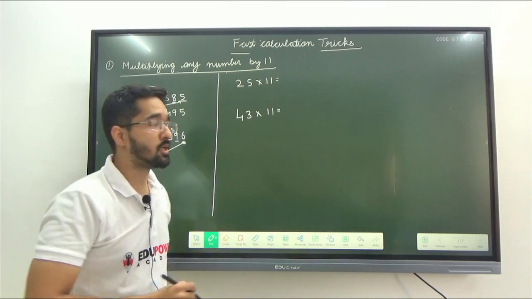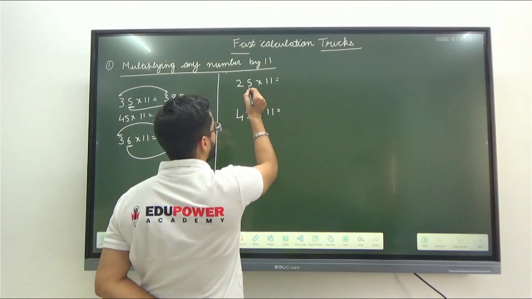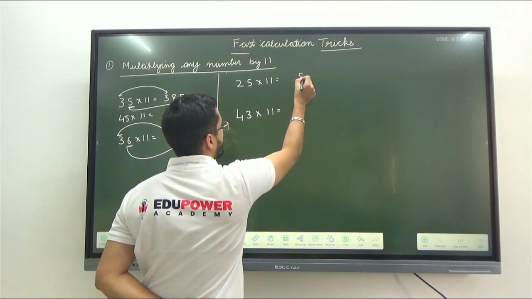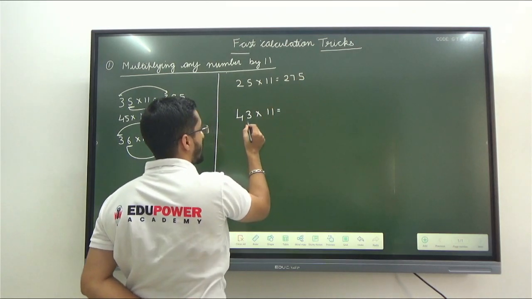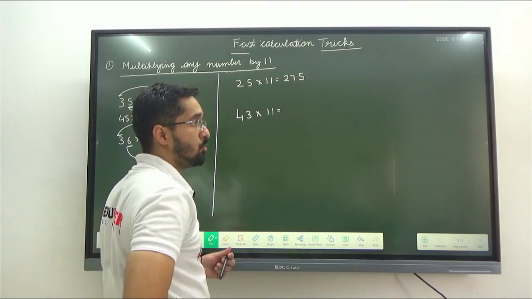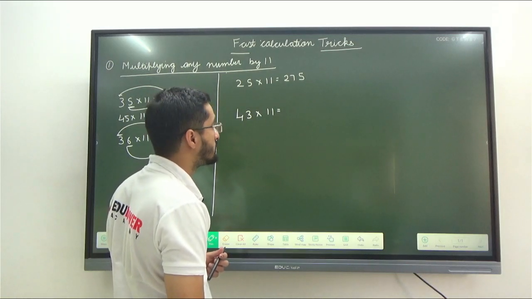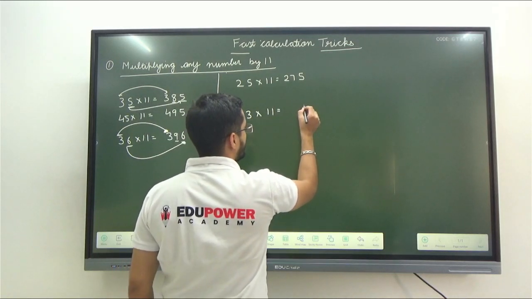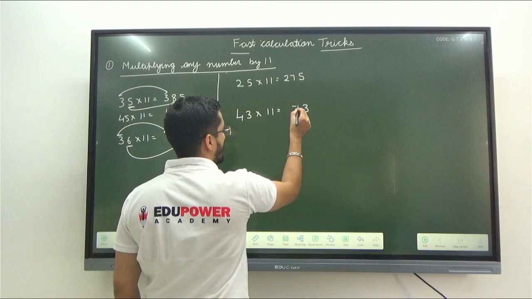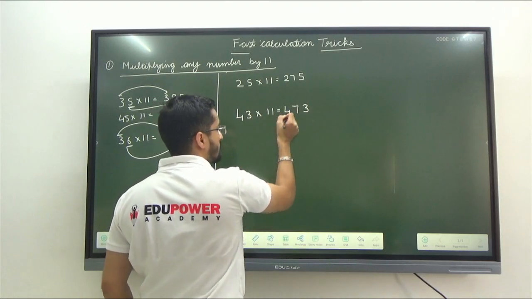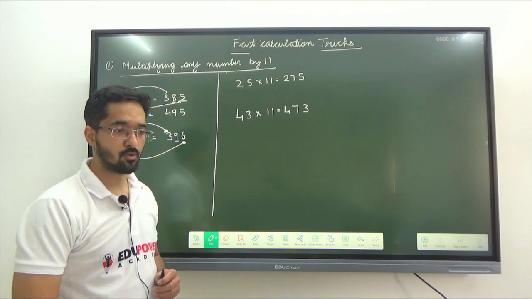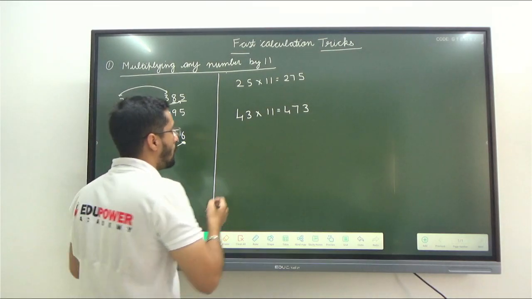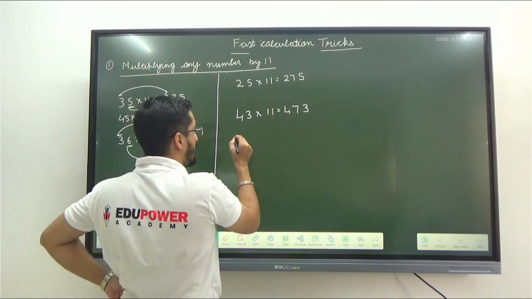What is the answer? 25 into 11, so we write 5, 2, and 5 plus 2 is 7, 275. 43 into 11, how do we write it? We write 3 here, 4 plus 3 is 7, and 4 here. 473 is the answer to this question. Now we will move on to little bit better questions.